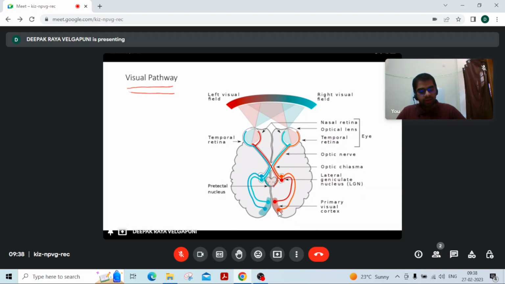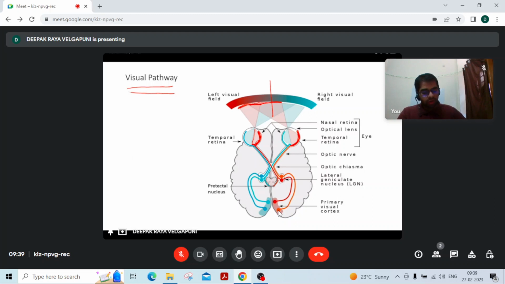What I mean is you have a right hemifield and a left hemifield. The whole left hemifield falls onto this eye, and this part falls onto this eye. So both eyes get input from the left hemifield of the visual space. Hemifield in the sense you have left visual field and right visual field.